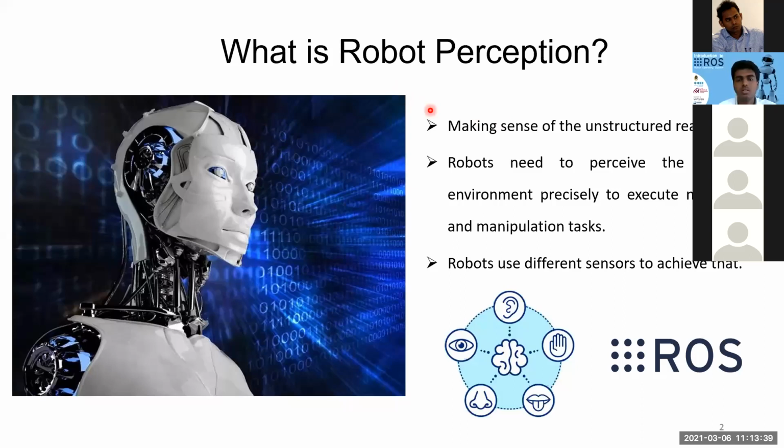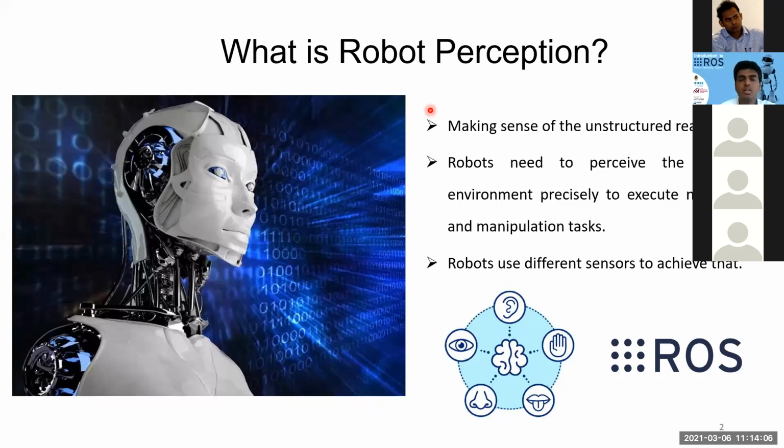Similar to that, robots also need to get some understanding about the real world that they operate in before executing their navigation as well as manipulation tasks. That is known as robot perception. As we humans use different parts of our body, robots use different sensors.